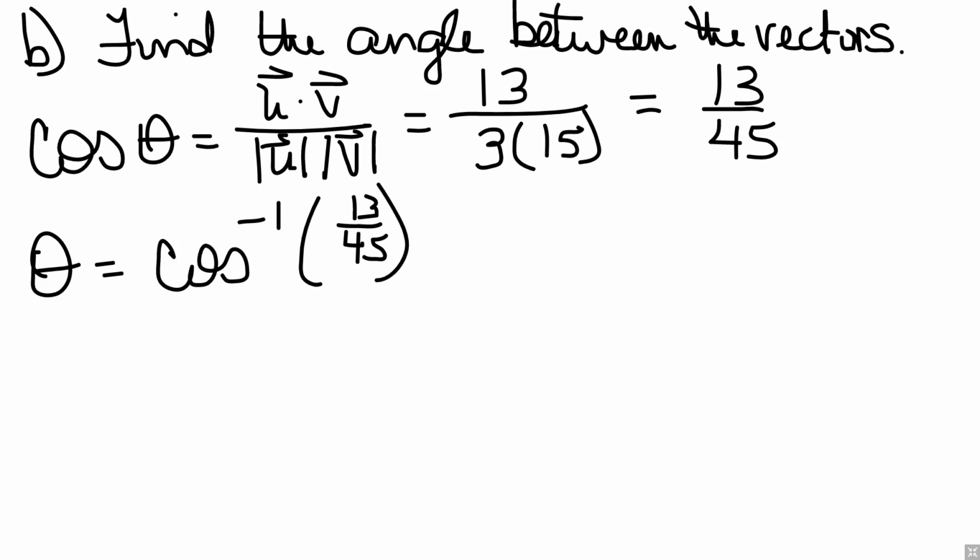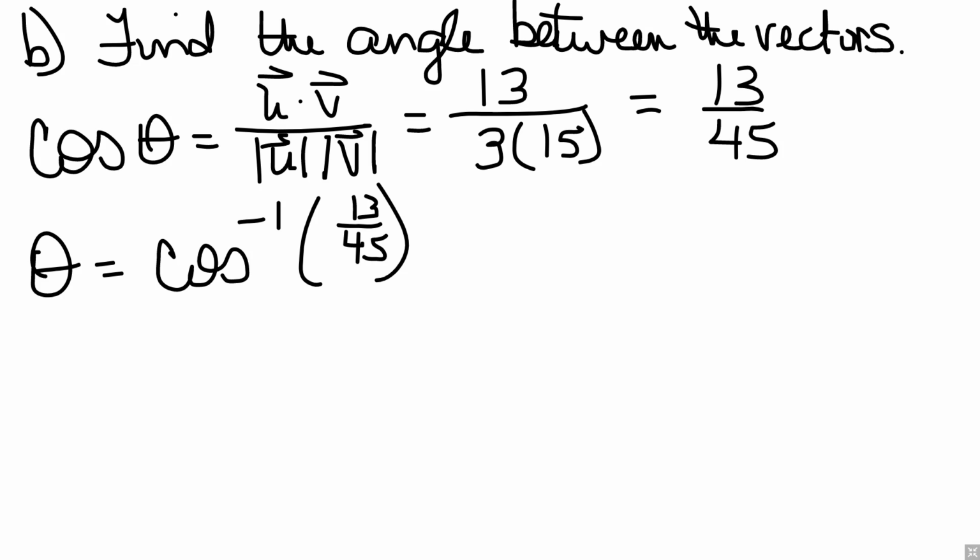Now, when we're doing this, you can work with radians, but it works better with degrees. You can have either answer, and just make sure you pay attention to how the question is worded. If it says give the answer in degrees, give it in degrees.